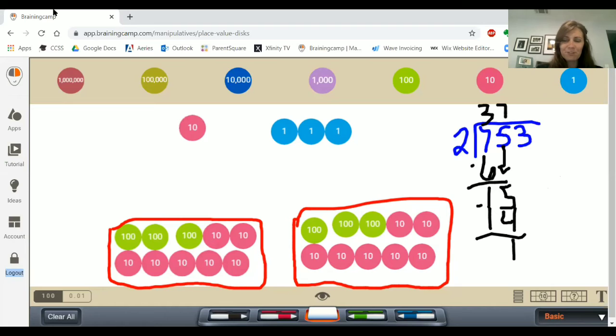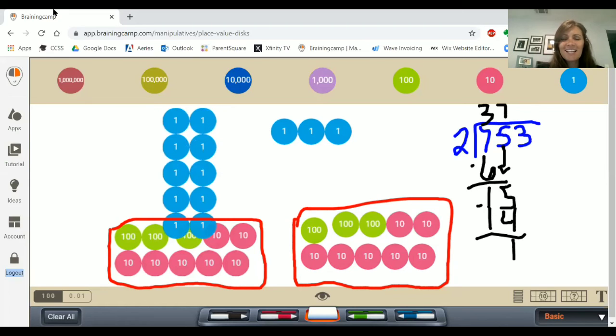Okay, what should I do again? Should I break it up? Let's try. Ta-da! So 10 is equal to 10 ones. So let's do the same thing. Now I'm going to have to get a little creative because my boxes aren't big enough.